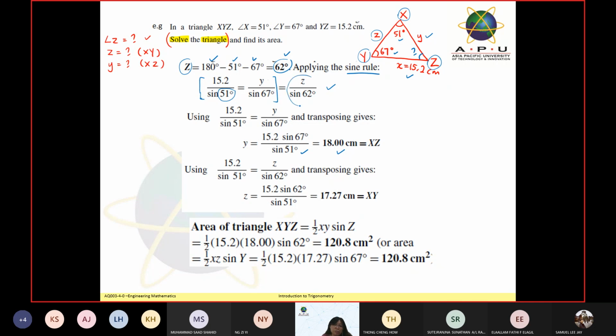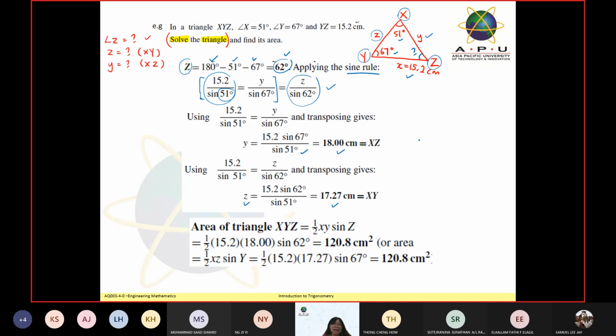Next we solve for z. Again, 15.2 over sine 51 equals z over sine 62. So z equals sine 62 times 15.2 divided by sine 51, and I get 17.27 cm, which is the length of XY.